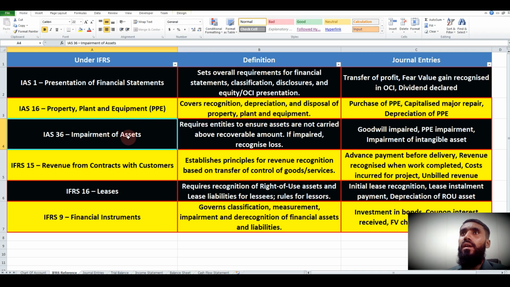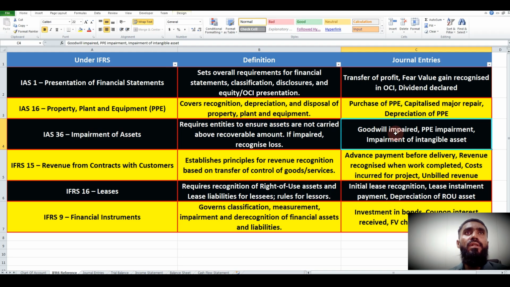On the other hand, IAS 36, impairment of assets. The definition requires entities to ensure assets are not carried above recoverable amount; if impaired, recognize the loss. This definition shows that all types of entries move into IAS 36.